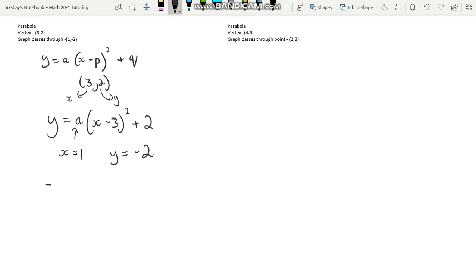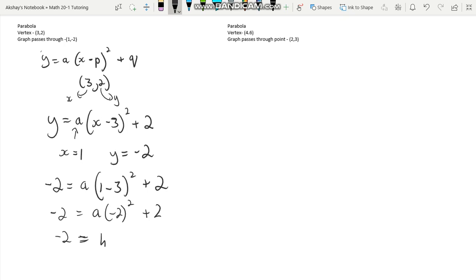So my y is -2, a is what I want to find, and my x is 1. Now I expand out my equation. I have (-2) squared, which is 4, so I have 4a plus 2.